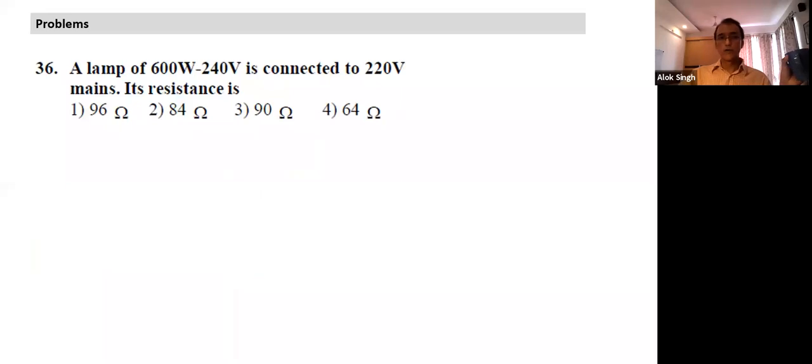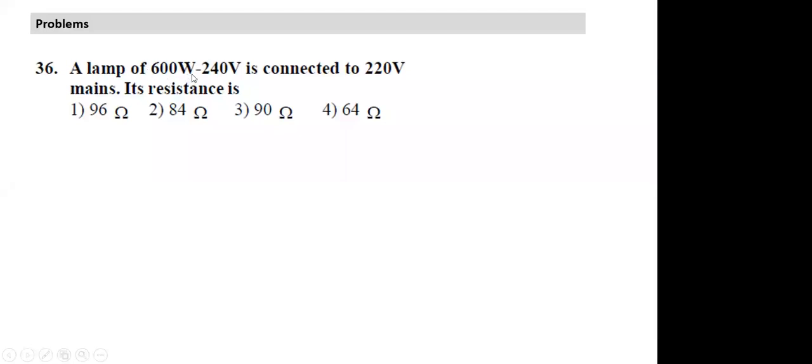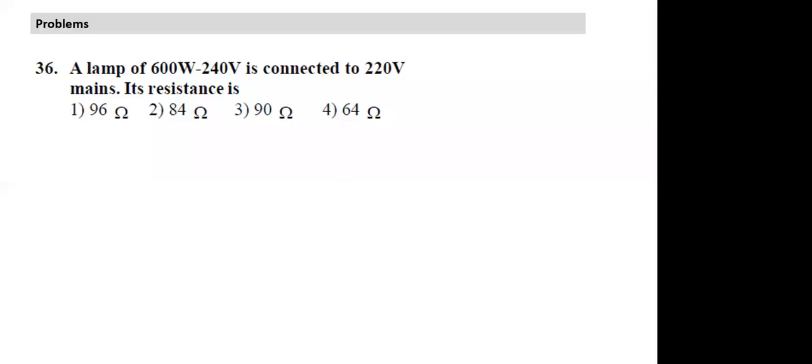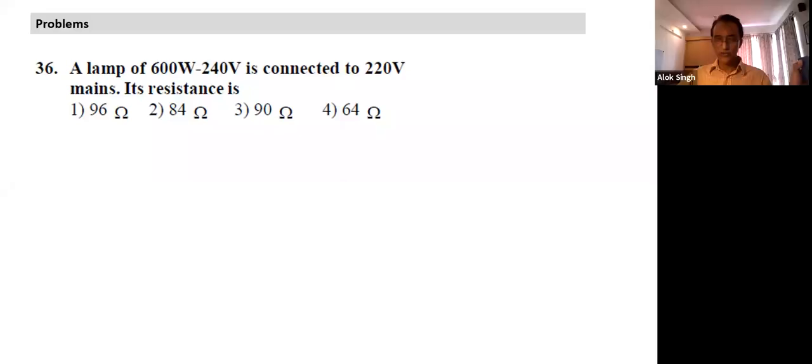What happens the other way? This is what typically, when you buy a lamp, you may find written on it. What does this indicate? This indicates you should connect it across this kind of supply. If you take the same bulb to Germany or the US, will it give you the same light? No. Why not? It's 110 over there. Yes, the voltages are different.